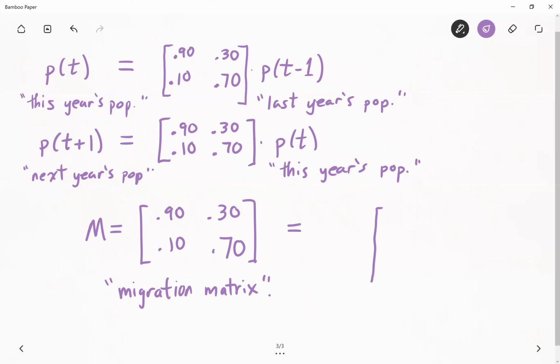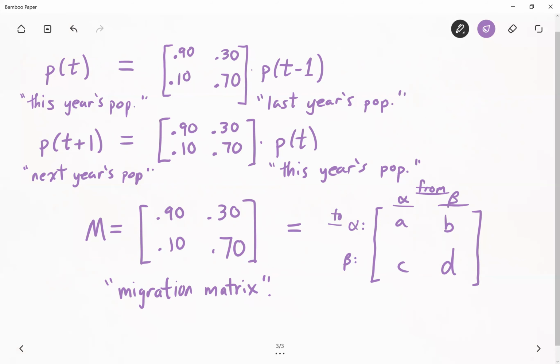In general, this matrix will have the form A, B, C, D, and these values represent moving from, say, area alpha or area beta, moving from those areas to alpha into beta.